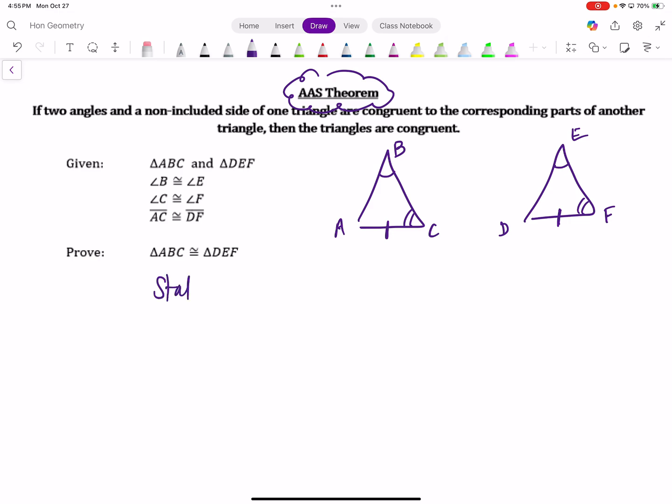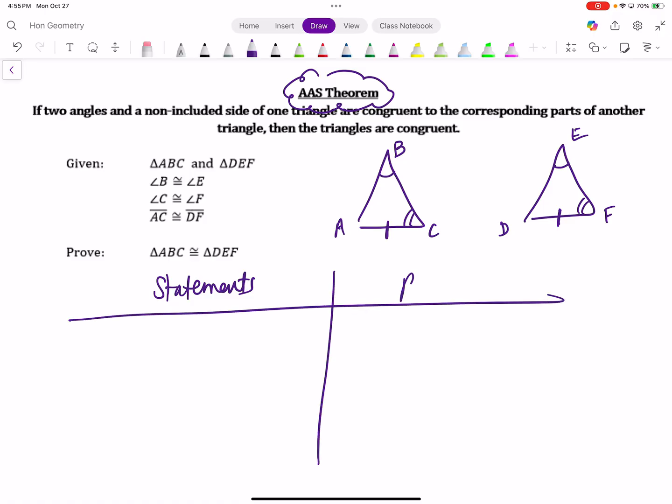So we're going to have our statements and our reasons. So number one, I'm just going to list all the givens. That doesn't look like congruent. Let's make that look better.